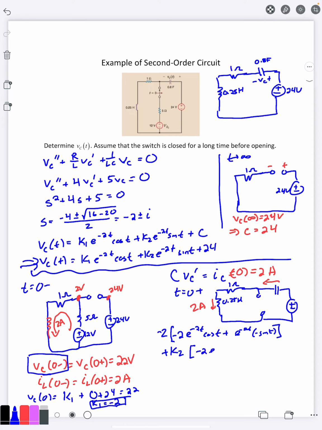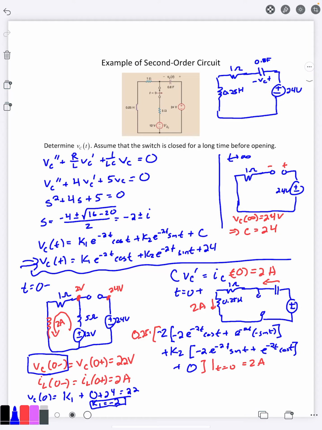That'd be negative 2 e to the negative 2t sine t plus e to the negative 2t cosine t. The derivative of the 24 is 0. And then if you take this whole thing, you plug in t equal to 0, and you multiply it by the capacitance, 0.25, it's supposed to equal 2 amps.